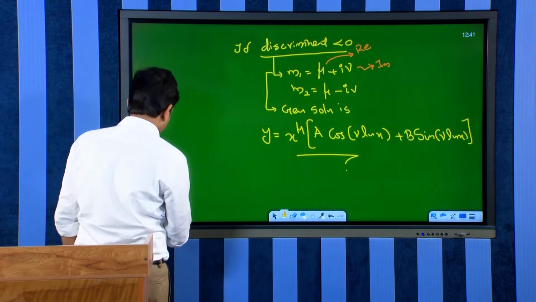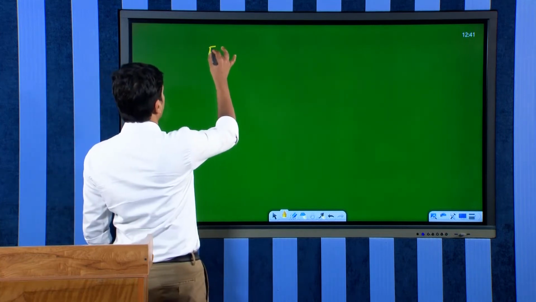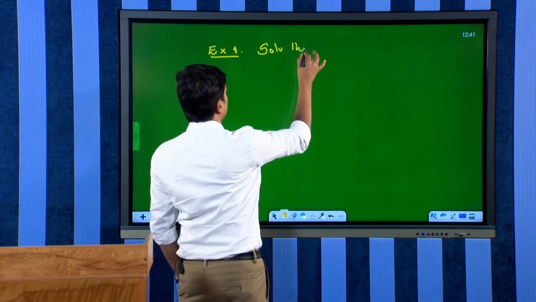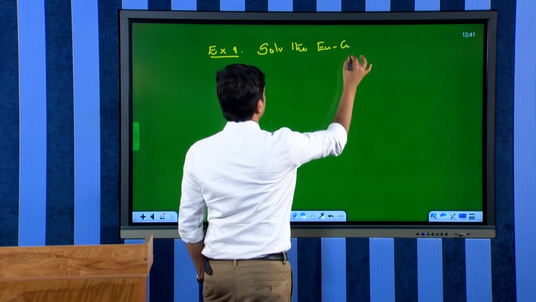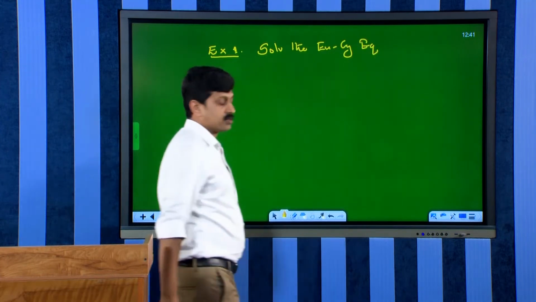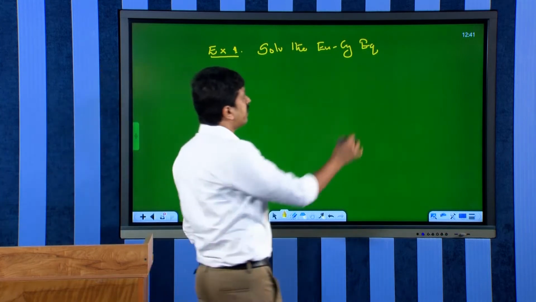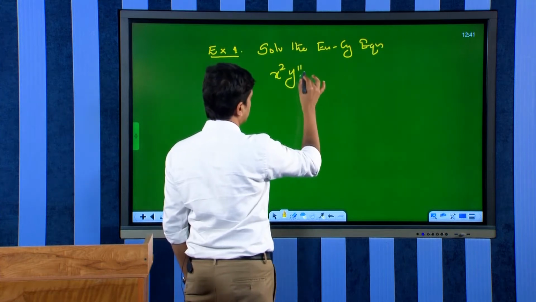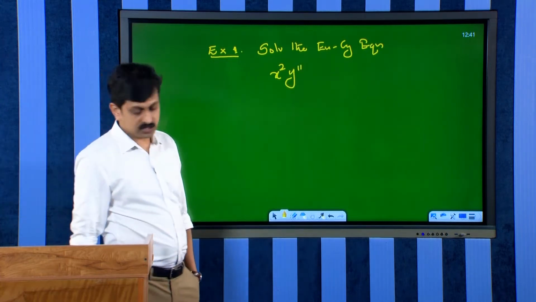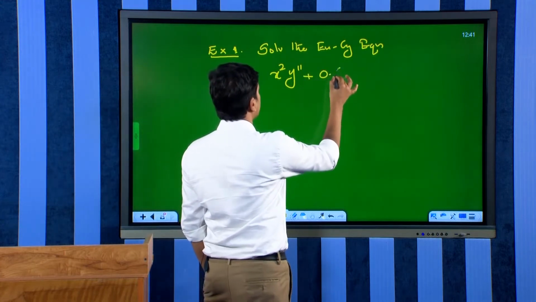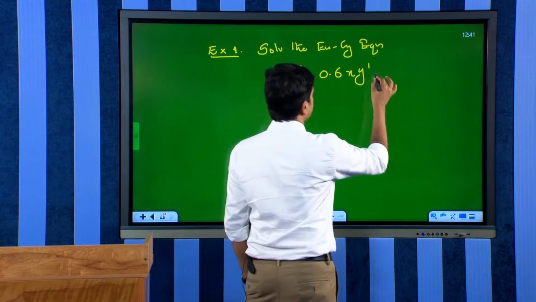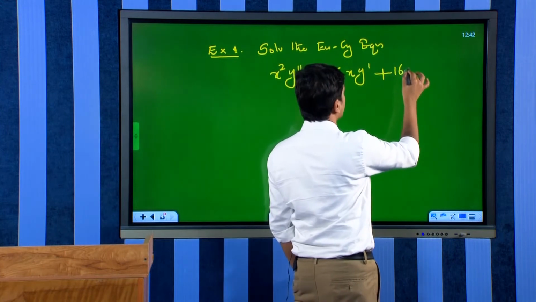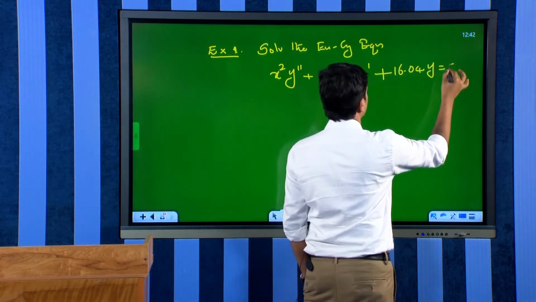Okay, dear students, we can move to a question. In example 1, we will discuss: solve the Euler-Cauchy equation x square y double dash plus 0.6 xy dash plus 16.04 y is equal to 0.